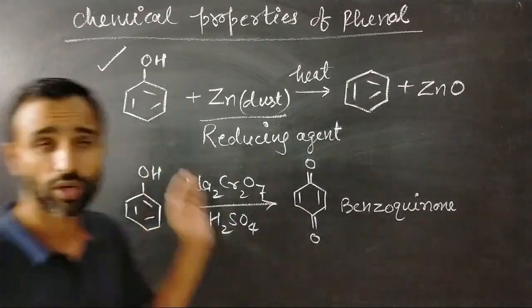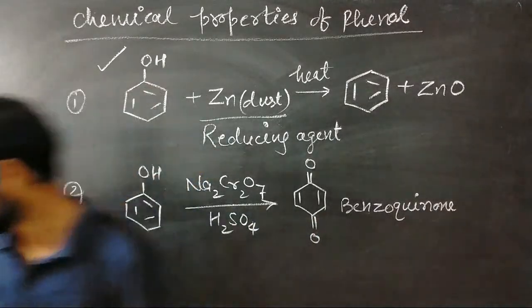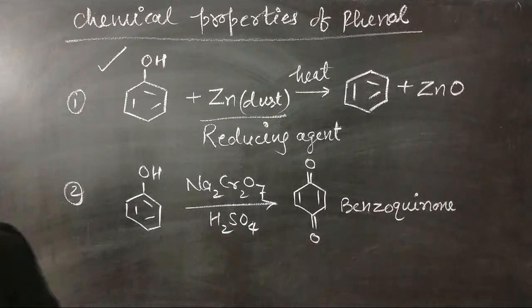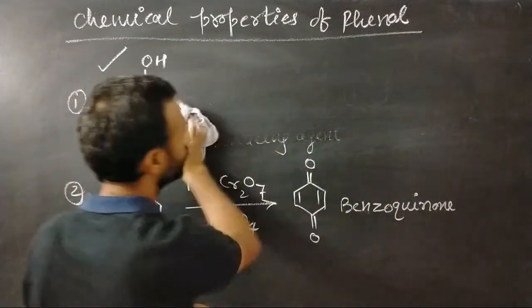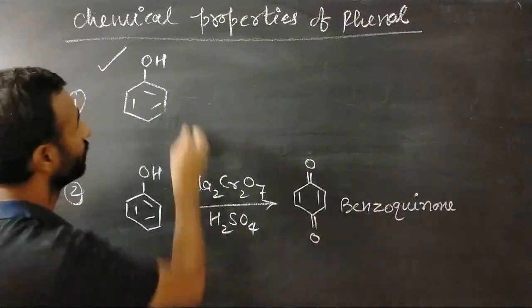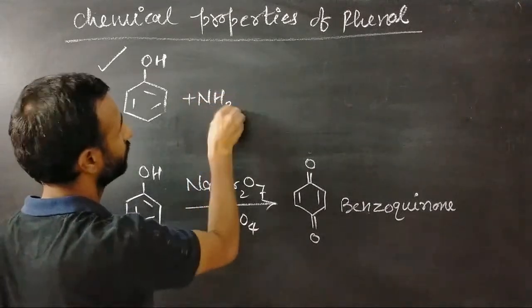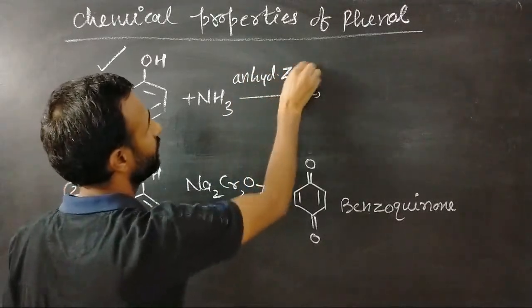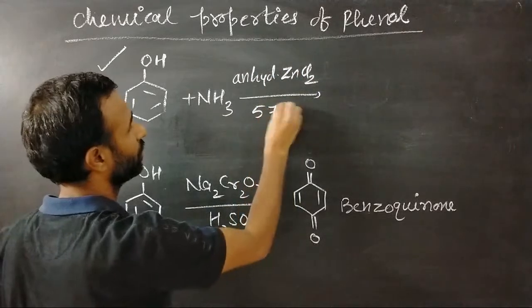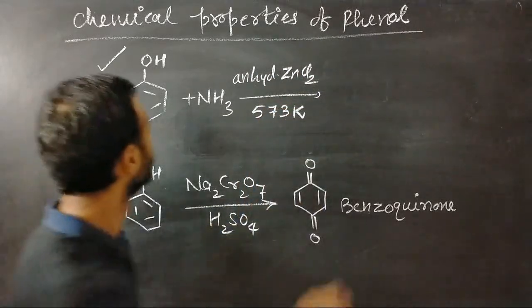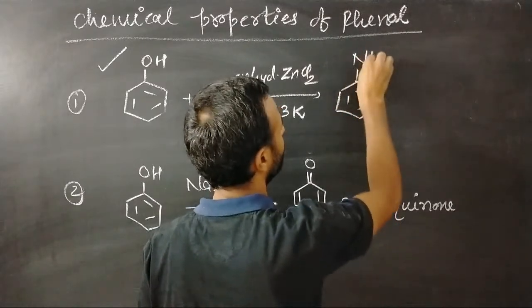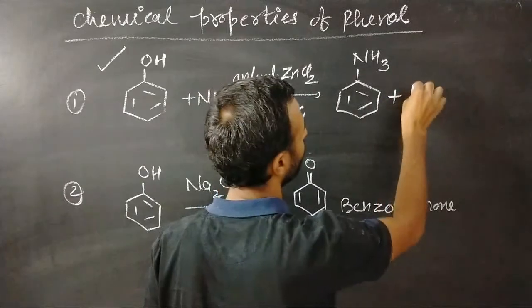Even we can convert phenol into aniline under vigorous conditions. Okay, under vigorous conditions, phenol can be converted into aniline. How can we do it? We just treat it with ammonia in the presence of anhydrous zinc chloride at 573 Kelvin. So we get aniline along with H2O.